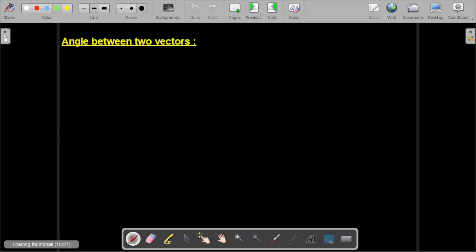Now come to the angle between two vectors.